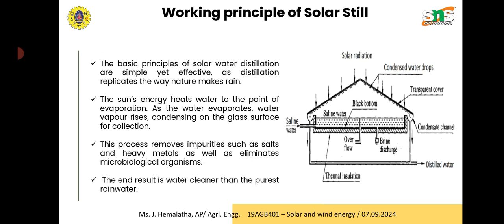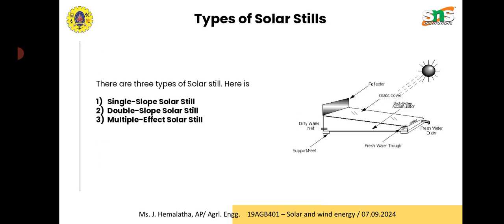The design is angled or sloped to direct condensed water to the collection point, and the material is often made up of materials that facilitate easy drainage of the collected water.